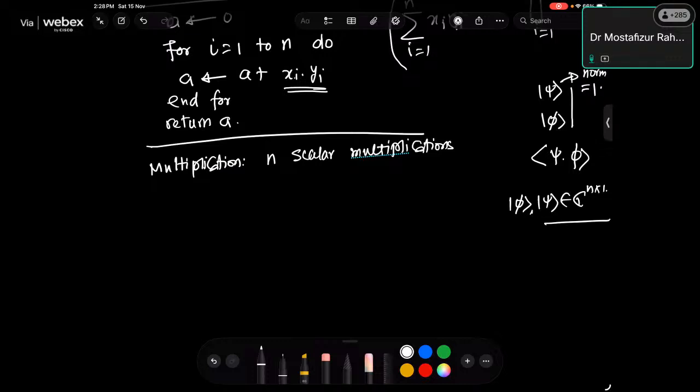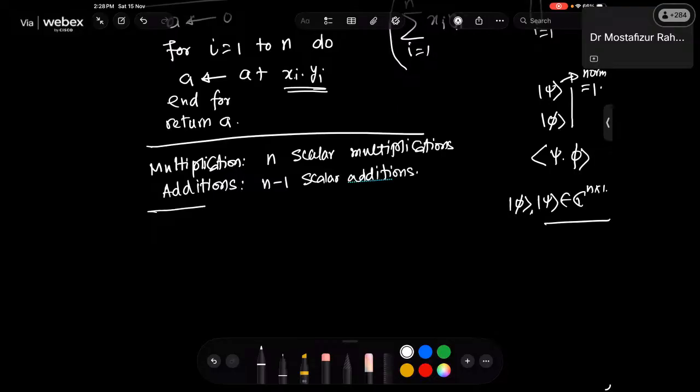And then how many additions have I done? I have done n minus 1 scalar additions, right? So that means the total number of operations, if I take the polynomial order, right?